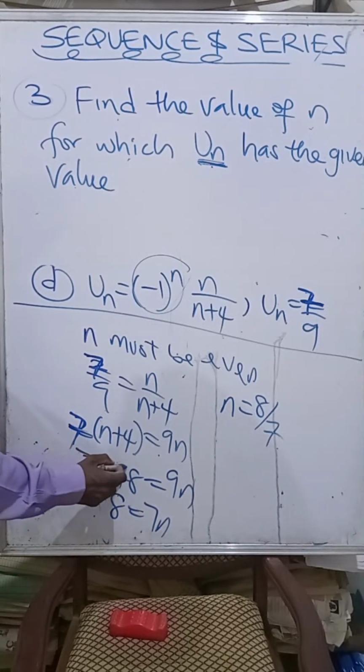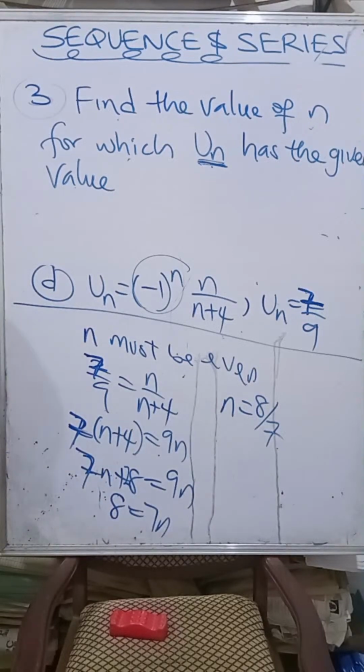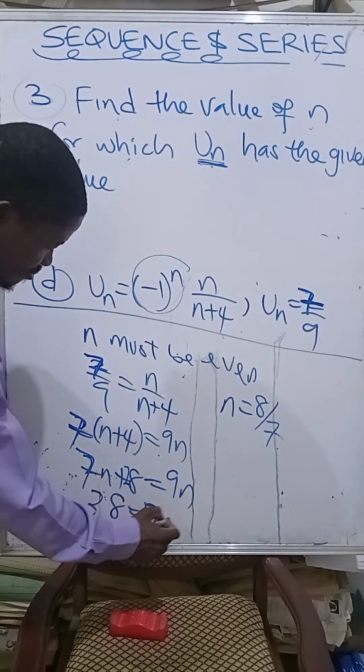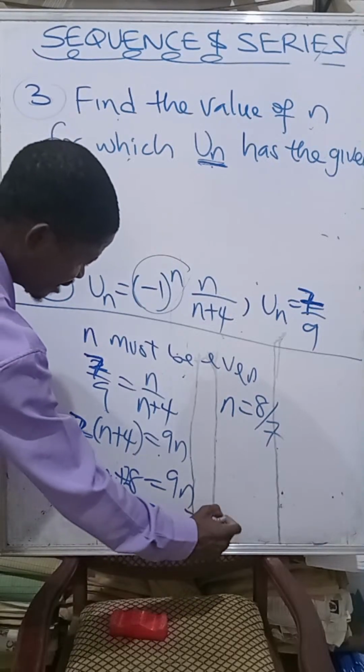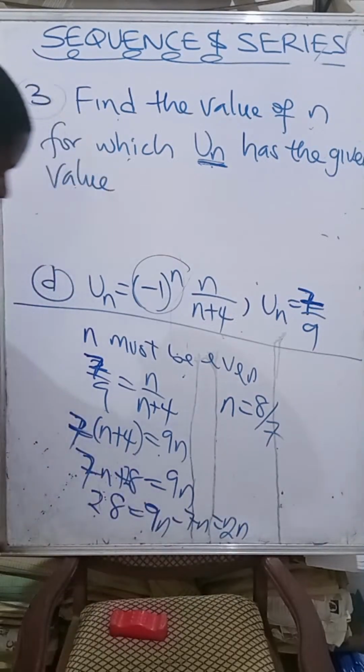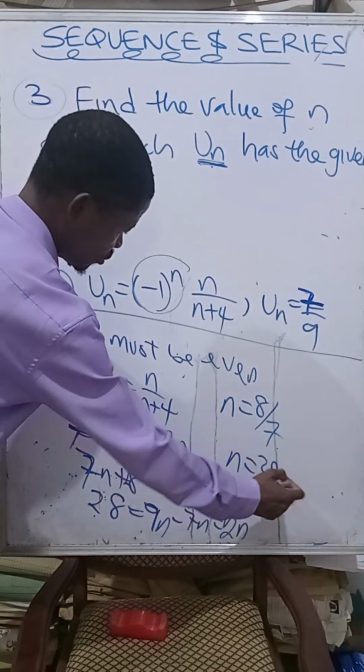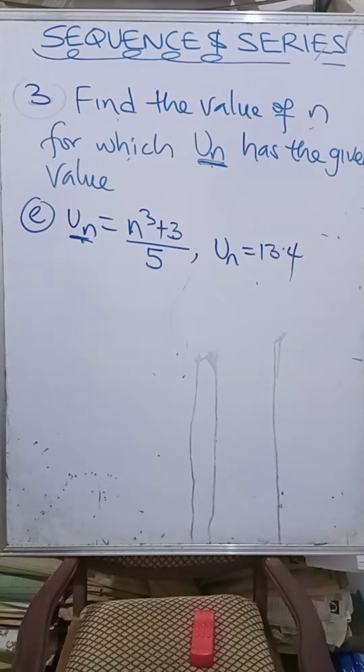This will be 28, 7 times 4, that's 28. And then we have 9n minus 7n, that's 2n. So n is 28 over 2, which is what? 14. Okay, 13.4.